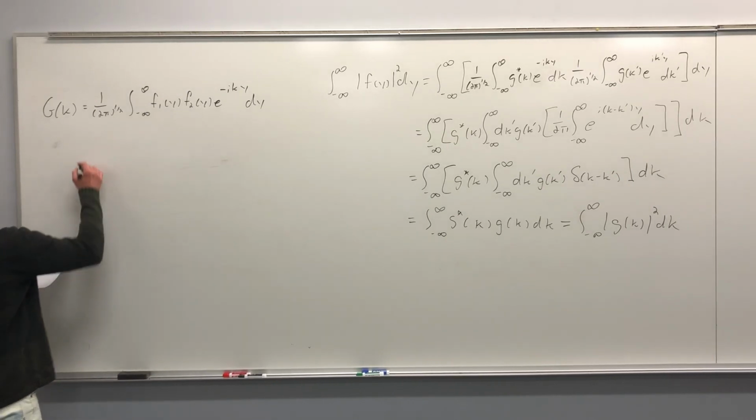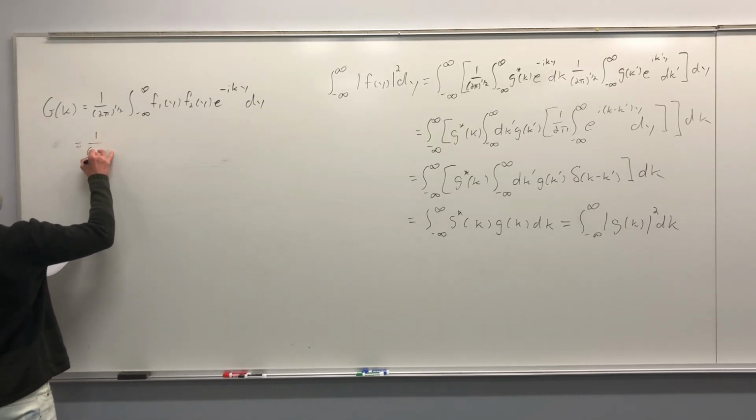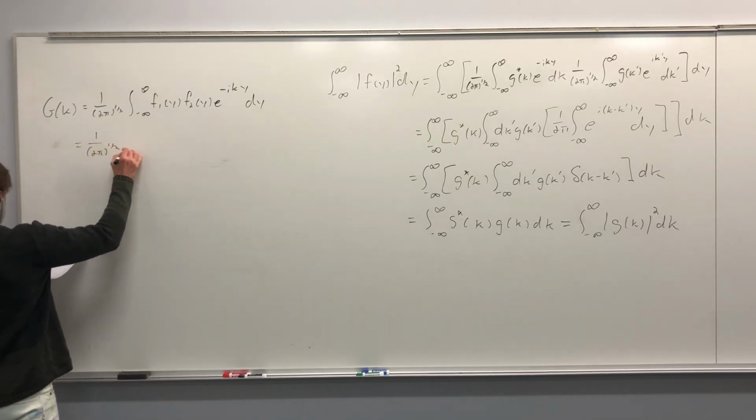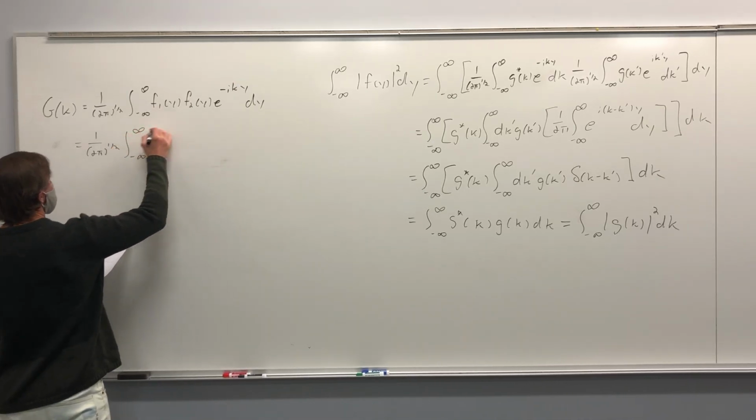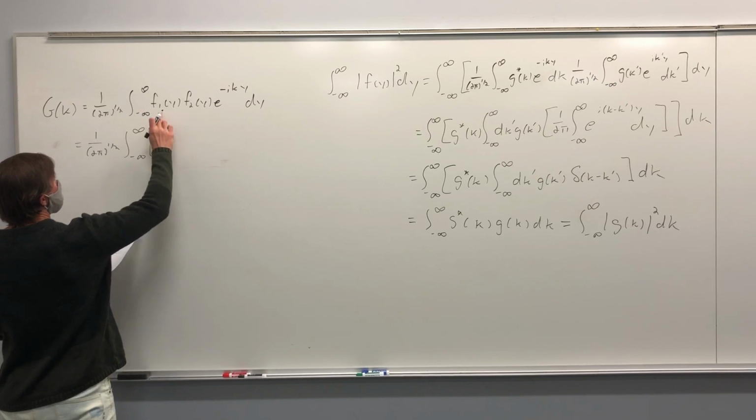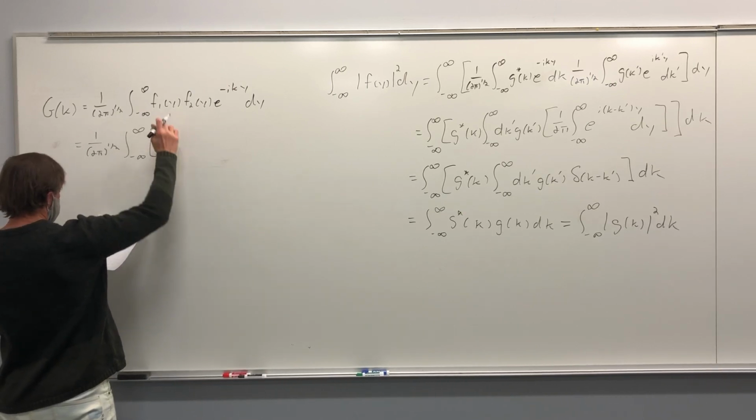Okay, so here we go. 1 over 2 pi to the 1/2 integral from minus infinity to infinity of, and now I'm just going to write this one in terms of its Fourier transform.